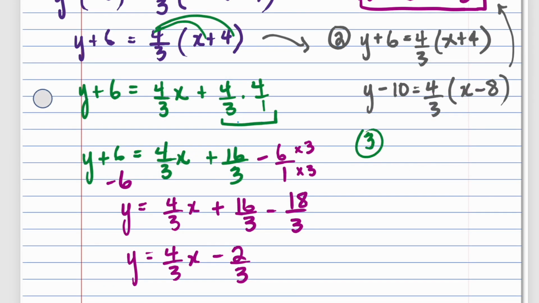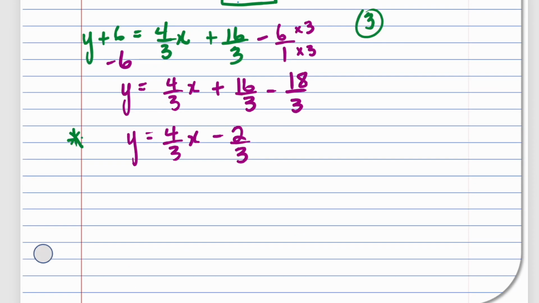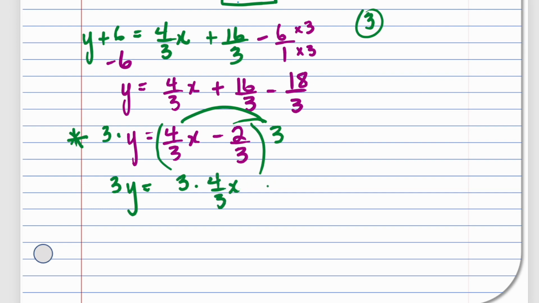In the general form, we can go from here. We'll clear the fractions by multiplying both sides of the equation by 3. 3y is equal to, distribute backwards, we have 3 times 4/3 x minus 3 times 2/3. 3y is equal to, the 3's cancel, 4x, and here the 3's cancel, minus 2.